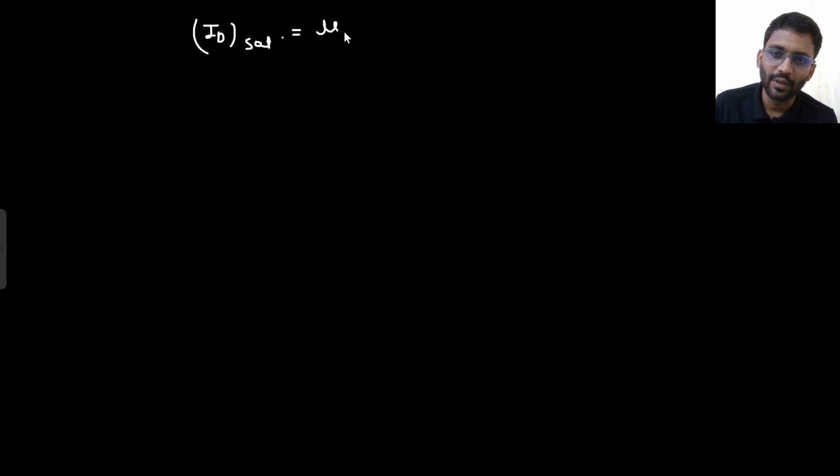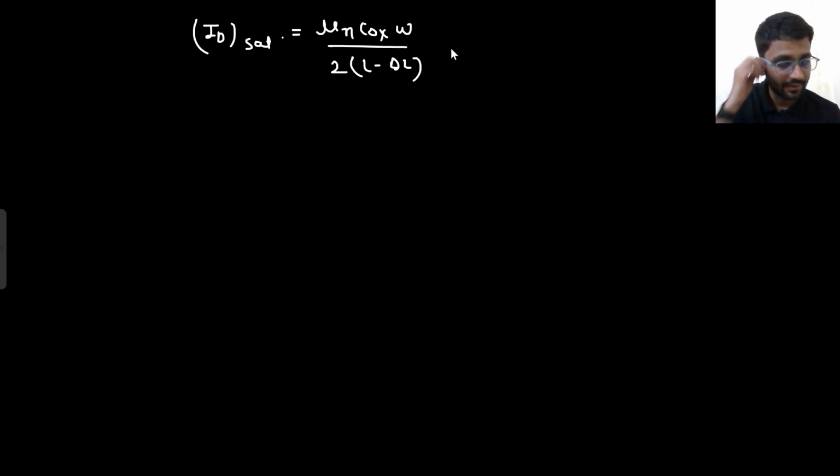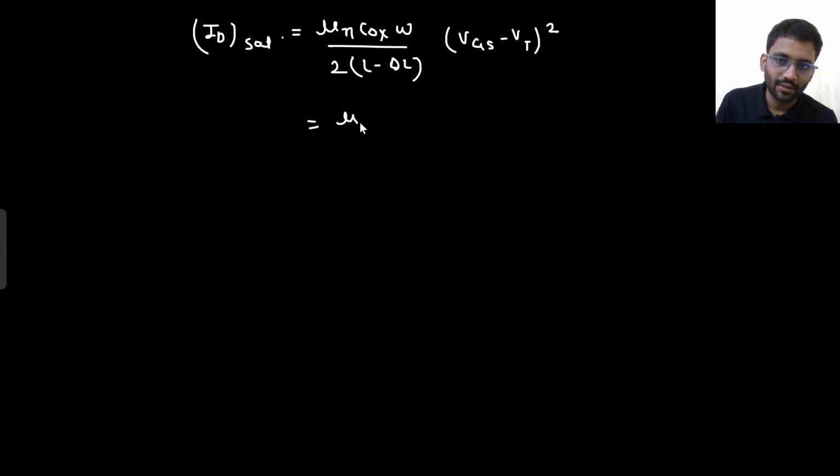So I will write down this equation again here because we are doing the derivation. So what is the current? That is mu n cox w by 2. The length is reduced, L minus delta L, and VGS minus VT square, that is same. If I keep this L out, what will happen?